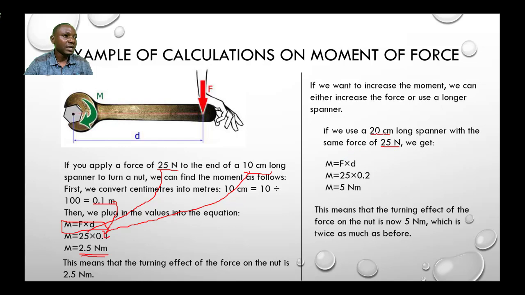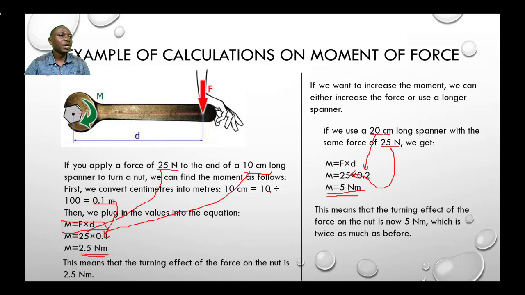Now if we plug that value into the formula, we are going to convert the 20 centimeter to meter, and that will give us 0.2 meters. Then we plug in the 25 Newton force that is being applied. You see that the moment of force has increased to 5 Newton meter. That is 2 times what we got initially when the length was 0.1.